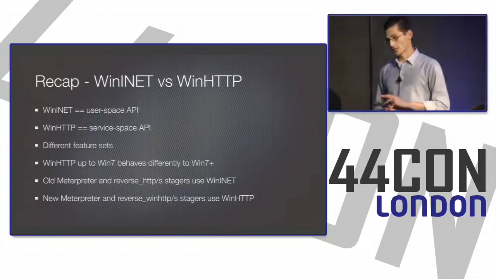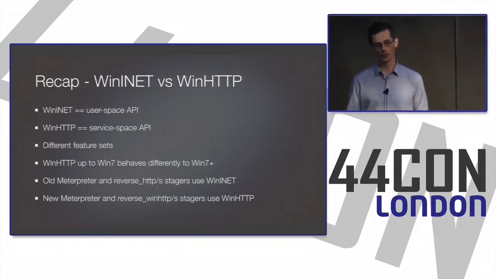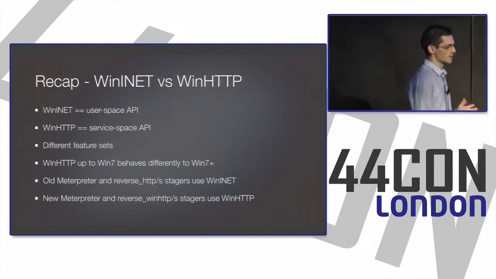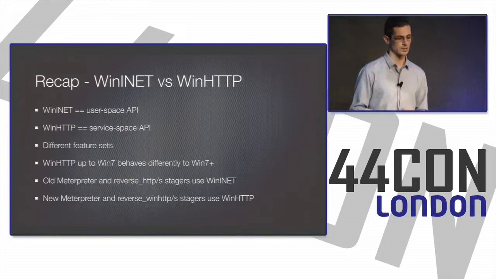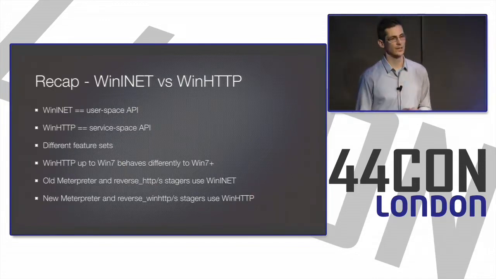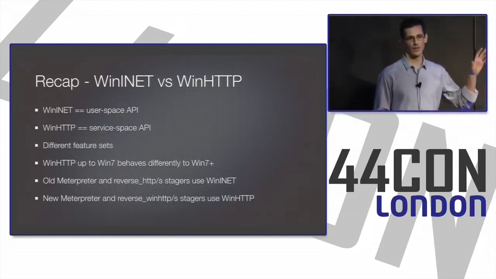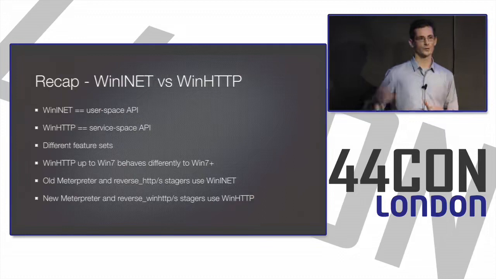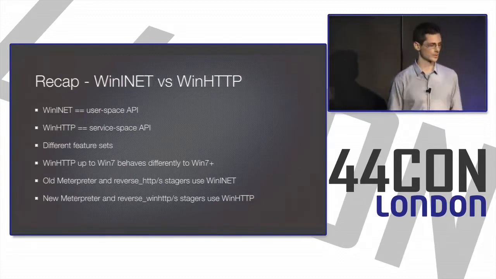But now we have new stages. The other stages are called reverse WinHTTP and reverse WinHTTPS. And these two stages are exactly the same really as the reverse HTTP stages. The difference is that it's using the WinHTTP API behind the scenes. We're trying to get some consistency, and I would say long term, you'll probably find that the former will disappear and WinHTTP will sort of reign supreme, and that will happen probably without your knowledge.